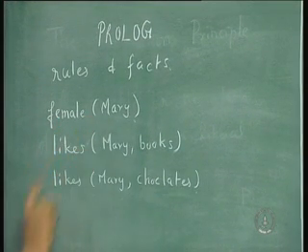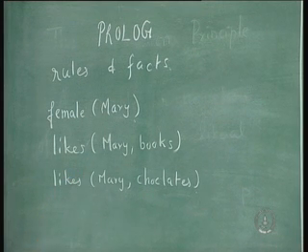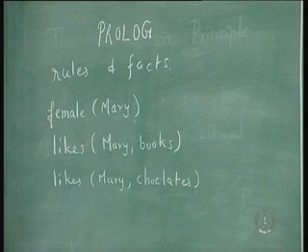This will stand for the fact Mary is a female, and this will stand for the fact Mary likes books, and this will stand for the fact Mary likes chocolates, and so on. So, actually you give a lot of facts to the system, and then you also have some rules.